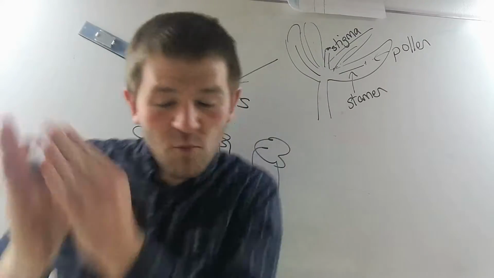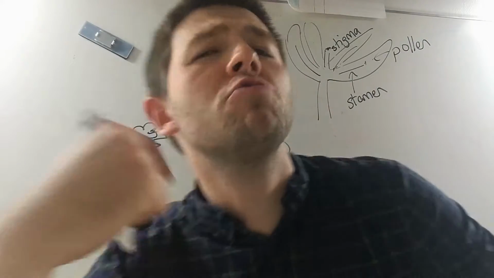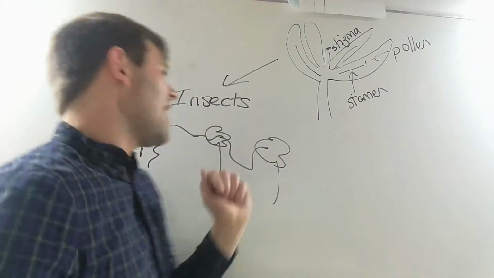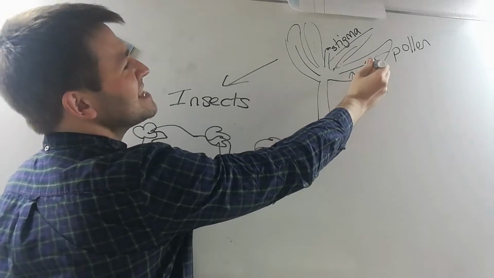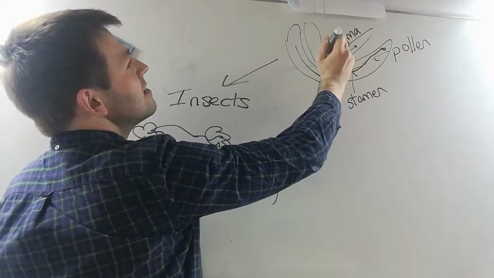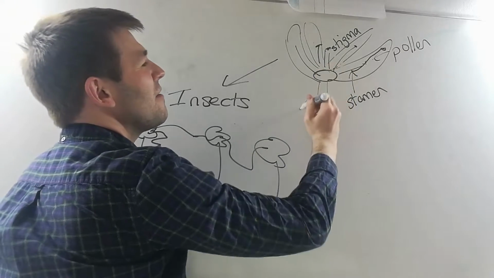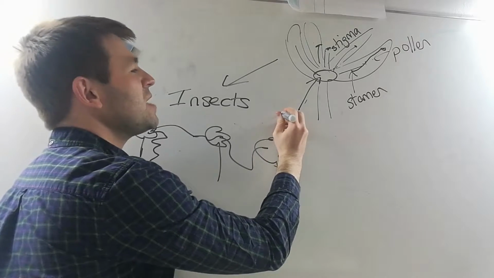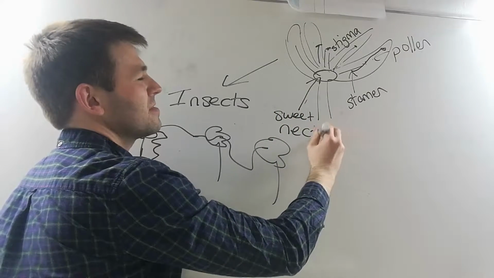They go from one place to the next place to the next place. So some of these plants were really, really clever. And what they did is they made their stamen really long here. And they made their bottoms have a really sweet liquid called nectar.